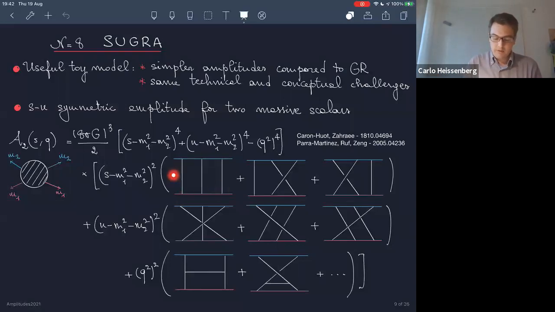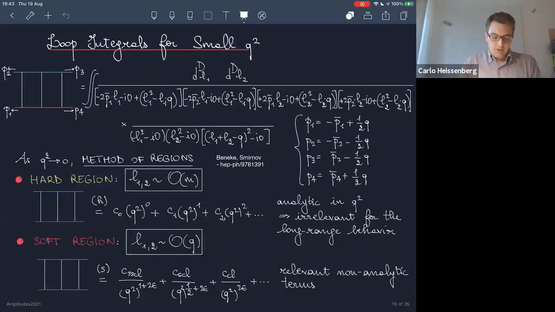So the task at hand is to evaluate integrals of this type, where this blue line and red line are the massive lines associated to the two massive particles that scatter, and here there are some exchanged massless particles. So here I'm just picking one of these integrals for concreteness, and the issue is to evaluate the limit of small q, and luckily we can apply the well-established technique, which is the method of regions, to perform this limit. As also discussed by Mao, two regions appear in particular in this calculation.